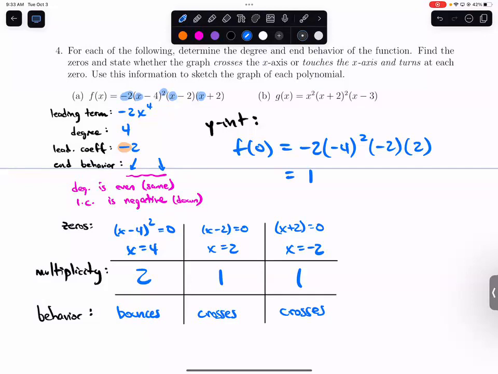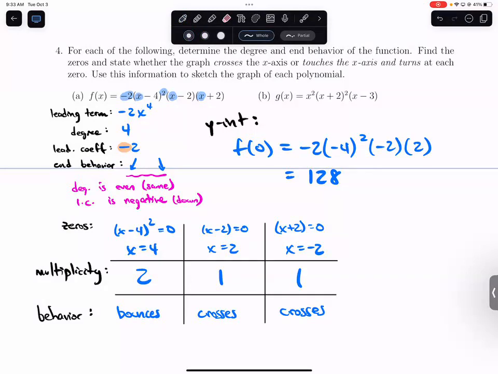I think it's 128. Oh yeah, 128, and 1, 2, 3, 4 negatives, so positive. Yeah. So that's this. If we needed it for something, that's how you would find the y-intercept.